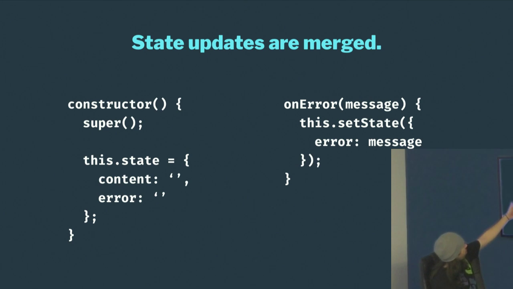So in this case, I have content and error. Error message is the only one that's going to be replaced. Content will still be empty. If I passed in error message and content, then it would replace both of those pieces. So state updates are merged. I pass just the part I want to change, and everything else will just remain what it was.